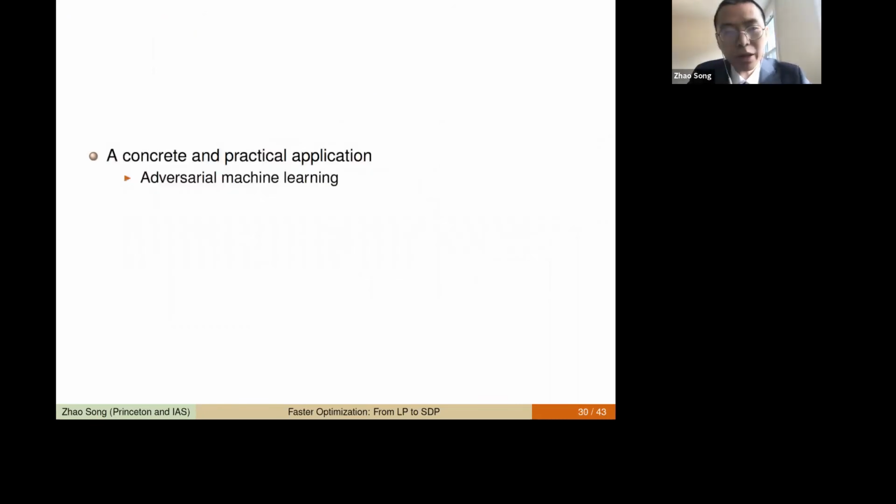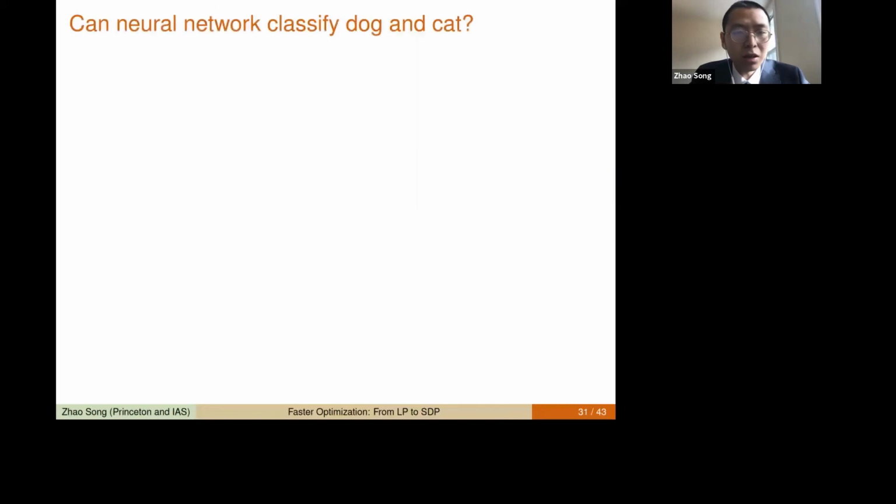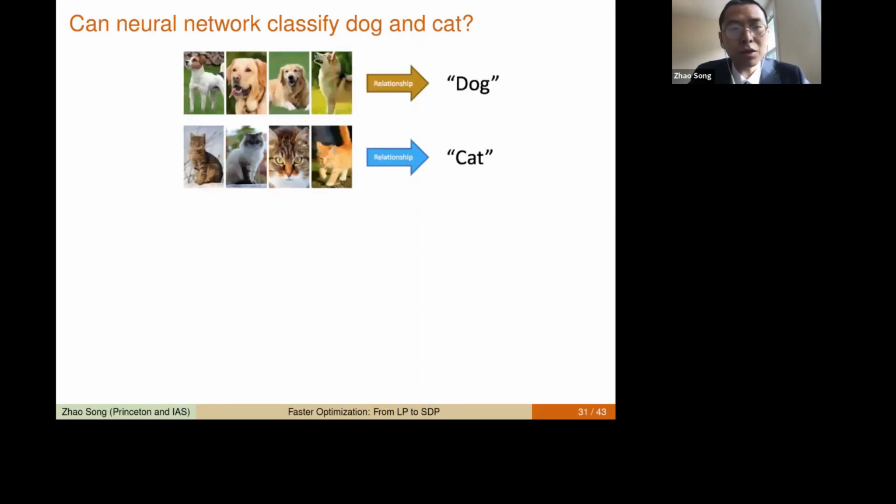Here I will give you a concrete application of SDP, to give you some sense of the difference between LP and SDP, some basic intuition. In neural networks and deep learning, there's an important question called adversarial machine learning. We know a neural network can classify a dog and a cat, for example, if the pictures are very nice.